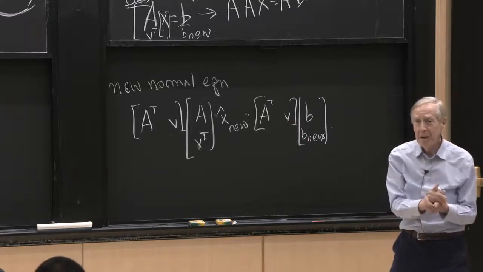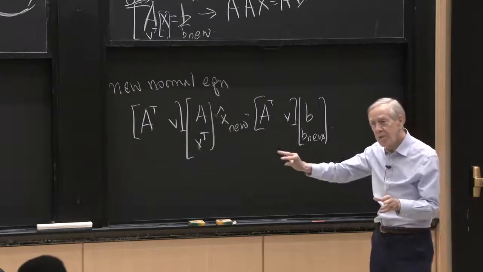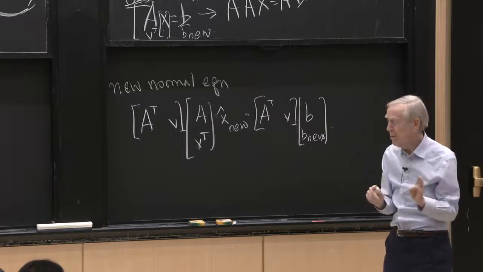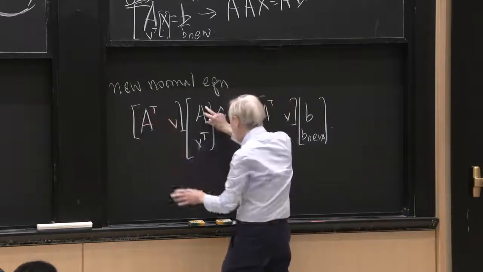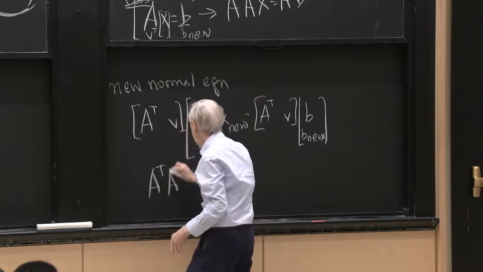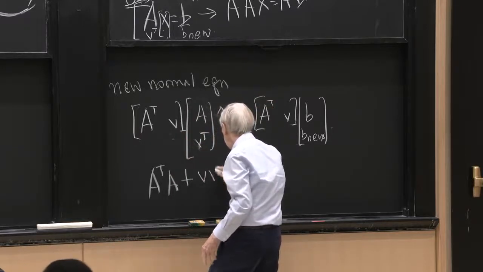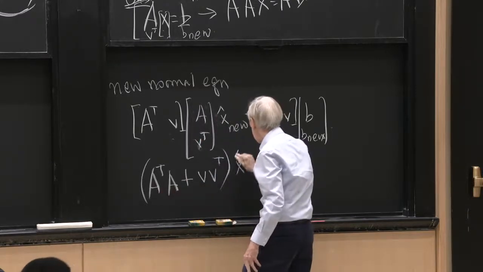Well, I guess I'm asking you to do it columns times rows, since that's what 18.065 specializes in. So I think I have that times that, A transpose A, plus one new column times one new row, V transpose, is multiplying this X hat new.